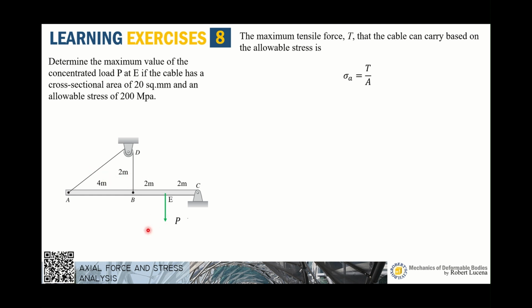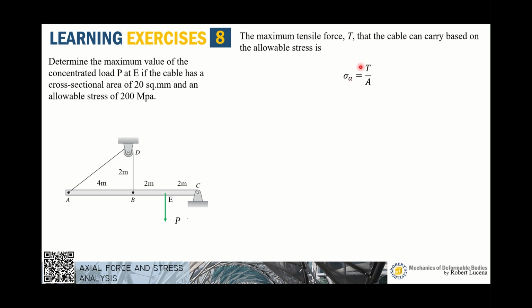So to solve for the maximum value of P, we have to solve first for the maximum value of the tensile force that can be carried by this cable. So we will limit the value of P based on the maximum value of T. The maximum value of T is based on the maximum allowable stress that this cable can carry.